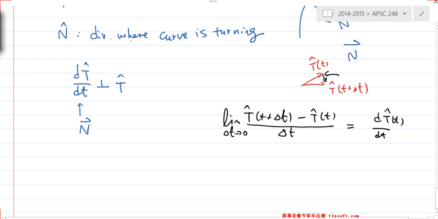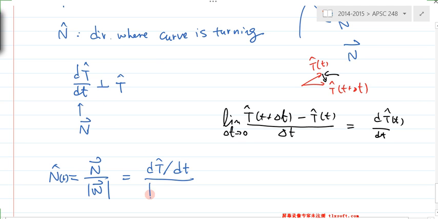So what that means is, if I need n hat, what do I need to do? Exactly, I need to normalize this. If I plug everything in, that basically gives me dt hat over dt, that's the n vector, divided by its length.